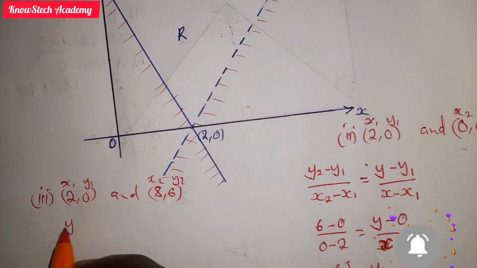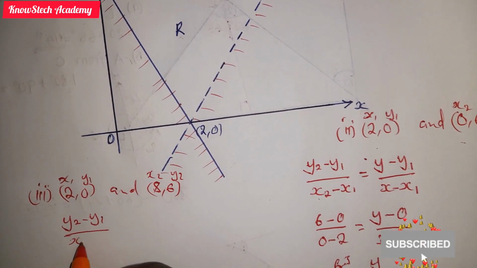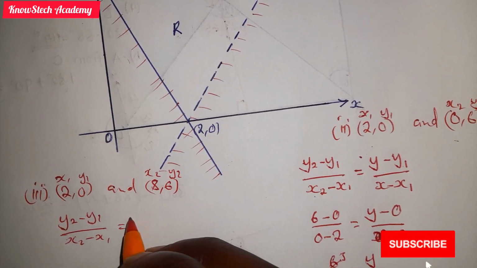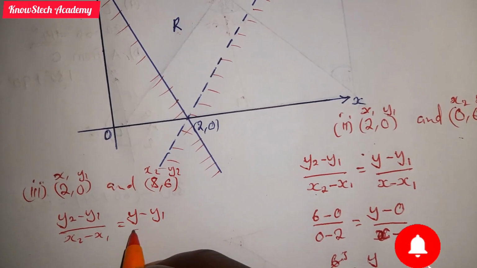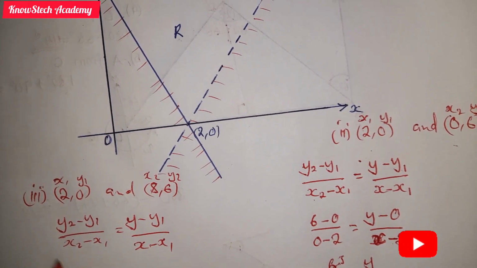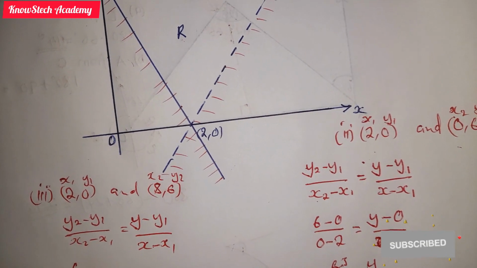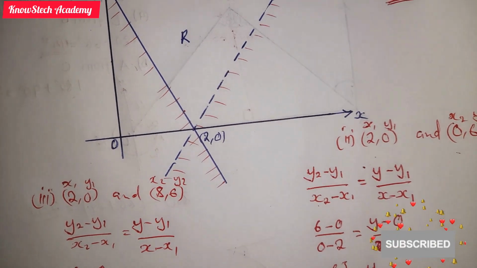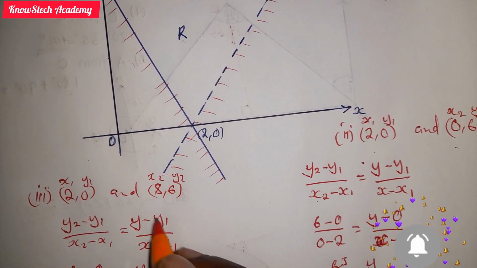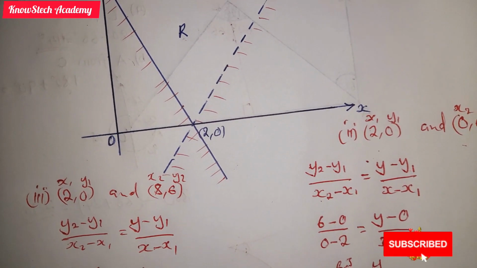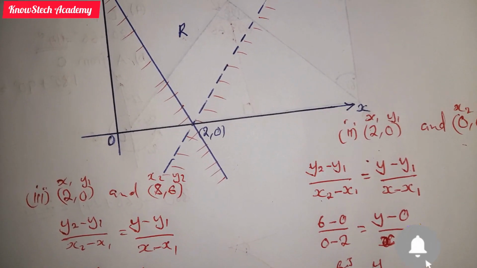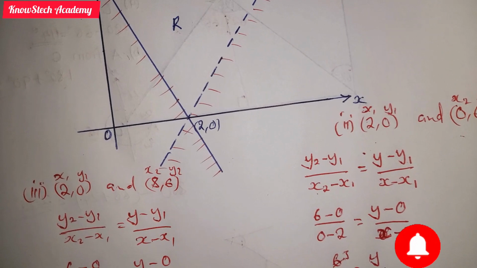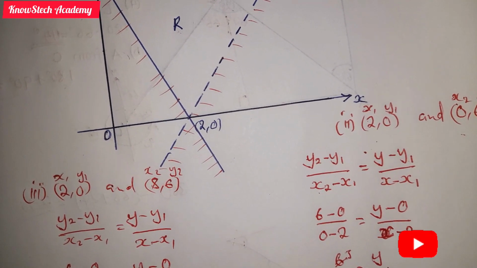The formula is (y2 minus y1) over (x2 minus x1) is equal to (y minus y1) over (x minus x1). y2 here is 6 minus y1, 0, over x2 which is 8 minus x1, 2, is equal to y minus y1, which is just 0, over x minus x1, which is 2.